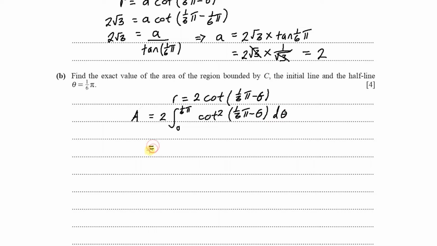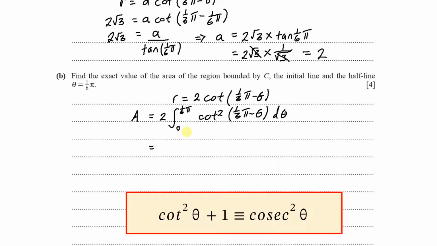Now we can apply the identity cot² θ + 1 is identical to cosec² θ. Applying that identity, we'll have 2 times the integral from 0 up to π/6 of cosec²(π/3 − θ) minus 1 with respect to θ.